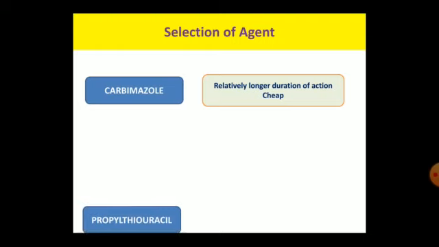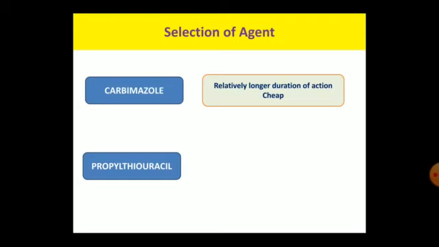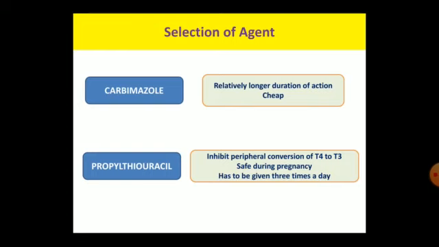Now what are the characteristics of propylthiouracil? All the mechanisms of antithyroid action of carbimazole are seen with propylthiouracil. Additionally, it inhibits the peripheral conversion of T4 to T3, which is required when you want emergent control of symptoms, and it is also very safe during pregnancy.